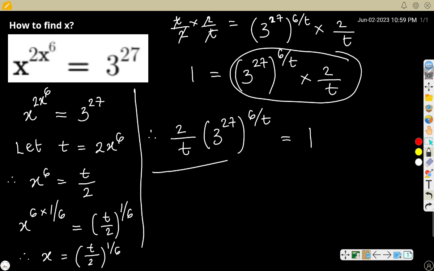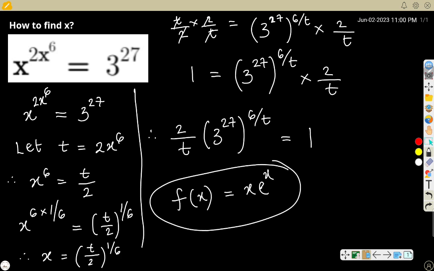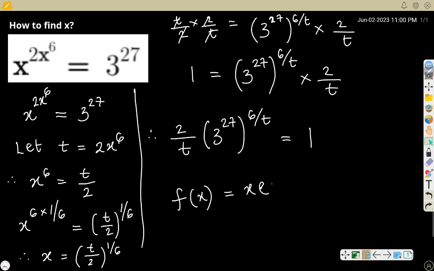So that is it here, then equal to 1. And you will say I'm just solving. So what am I working towards? I'll show you now, because the Lambert W function is defined by f of s is s e raised to power s. So this is the definition of Lambert. So this is where we are going to. I'm trying to change everything here to this form, so you will see it after I'm done with it.